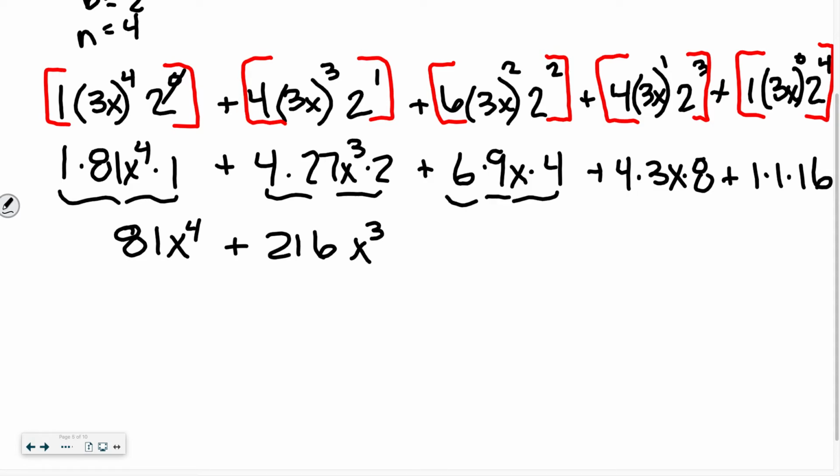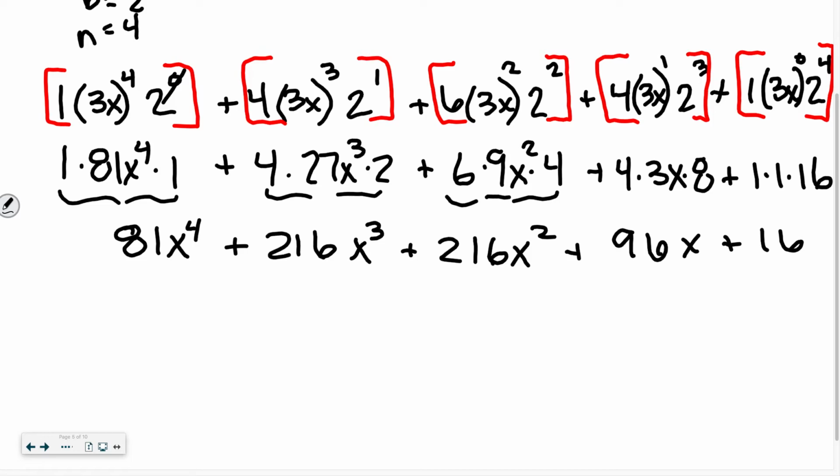Was that 54 times 4? 216 as well? Oh, that should be an x squared, shouldn't it? Let's see, 12 times 8 is 96. And then plus 16. Oh, yeah.